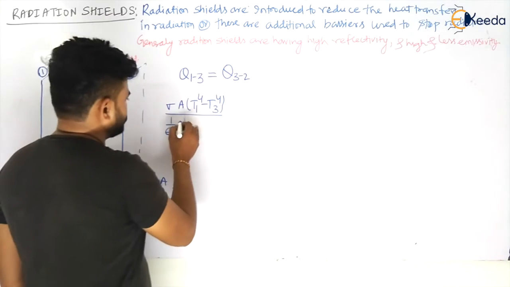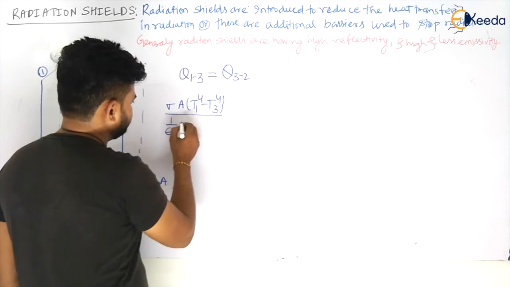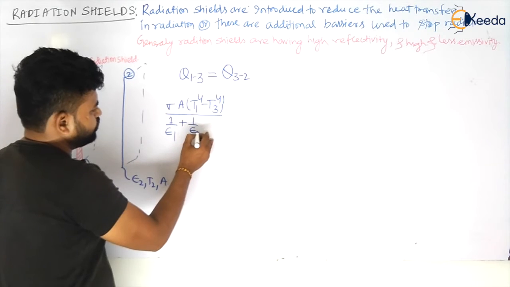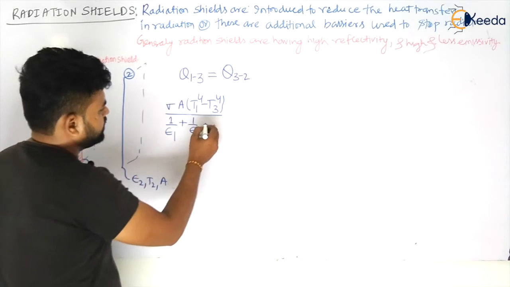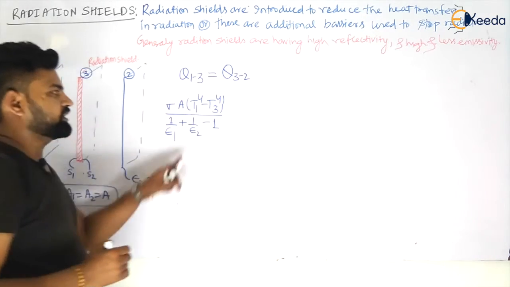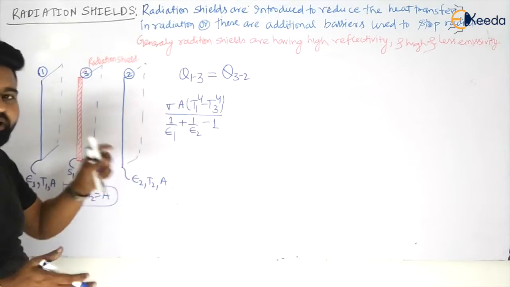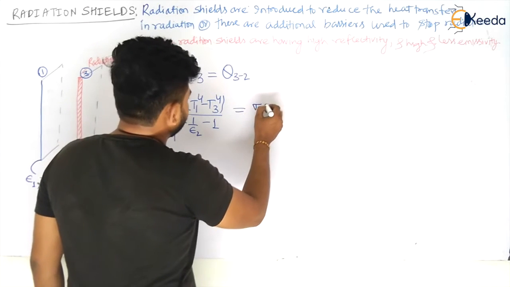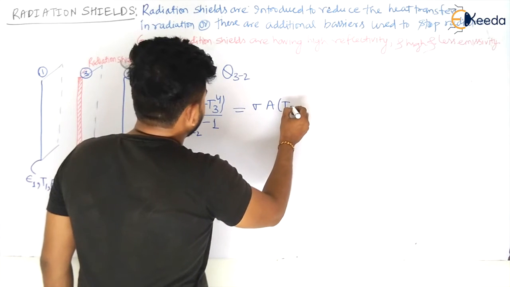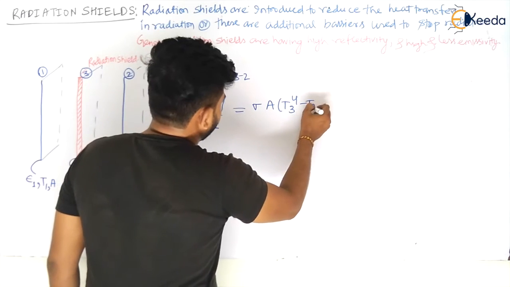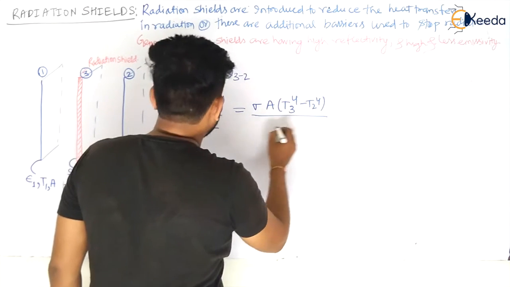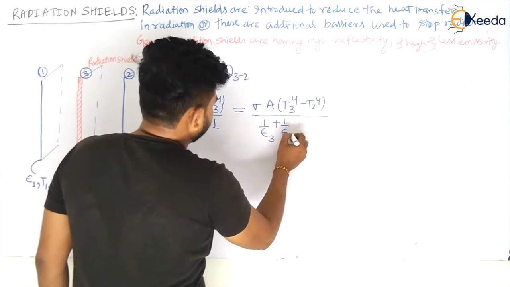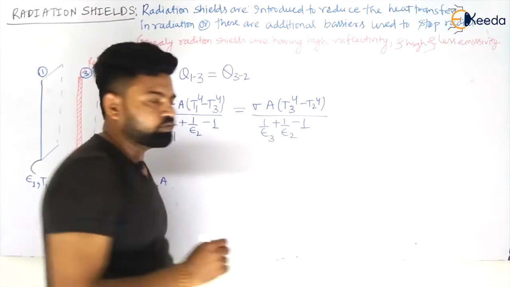So this will be plus 1 upon E3 plus 1 upon E2 minus 1, because the area is the same now. We have seen this case of parallel plates. This is equal to sigma A, T3 to the power 4 minus T2 to the power 4, divided by 1 upon E3 plus 1 upon E2 minus 1, my dear students.